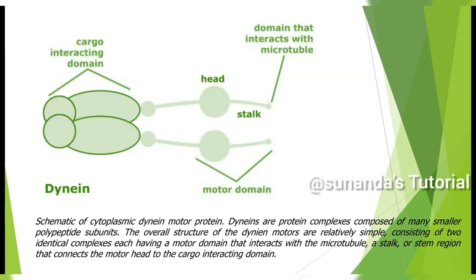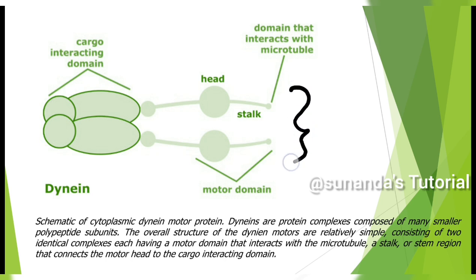Okay. So this is the schematic representation of the cytoplasmic dynein motor protein. Dyneins are protein complexes composed of many smaller polypeptide units. The overall structure of dynein motors is relatively simple, consisting of two identical complexes, each with a motor domain that interacts with the microtubule.